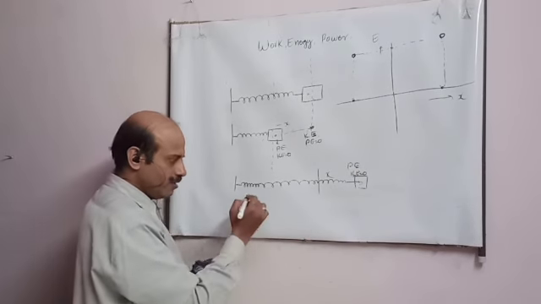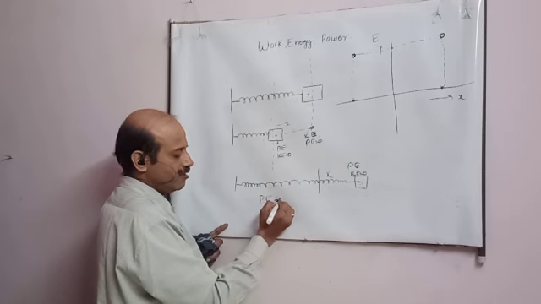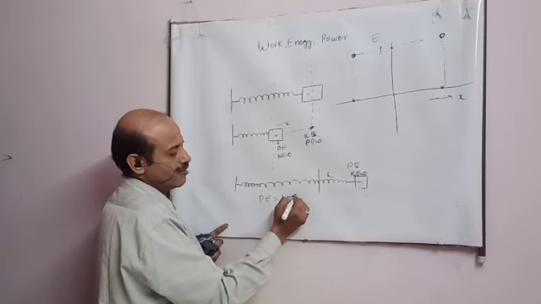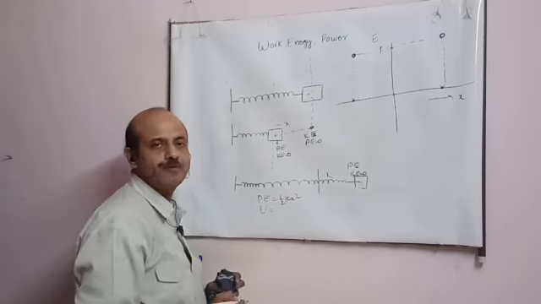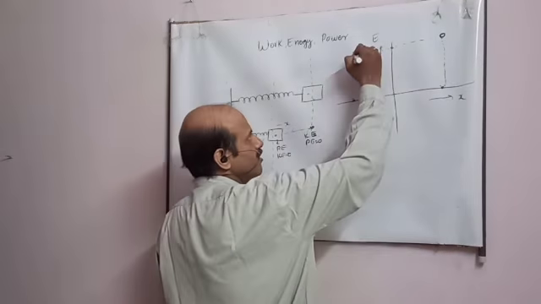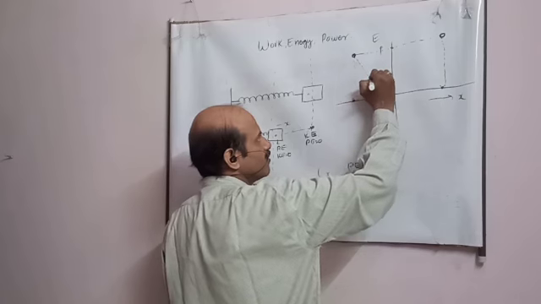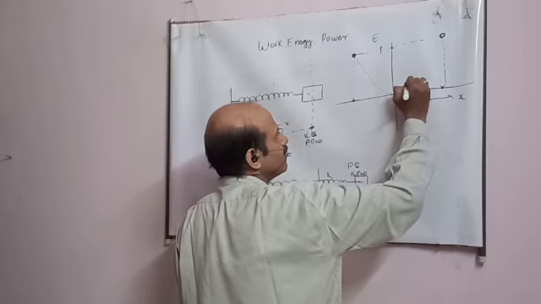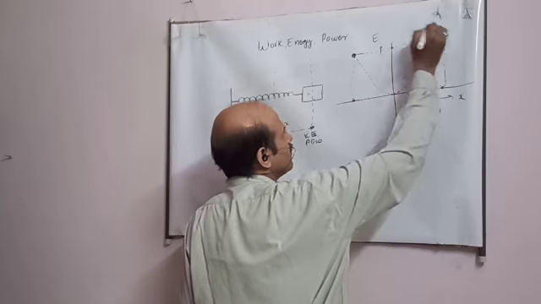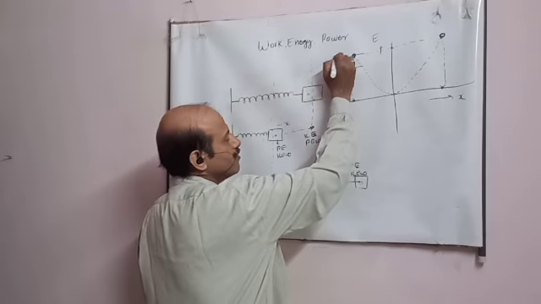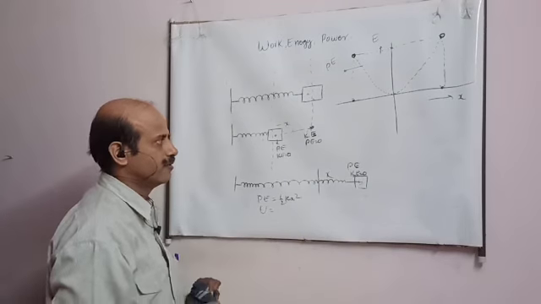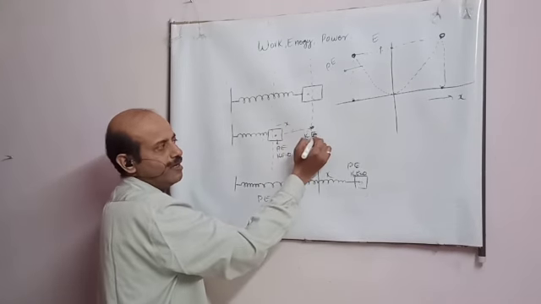And student, if you see the formula of the spring, potential energy is half kx square. Energy has a square, so the shape will be a parabola, student. So this is the potential energy curve, student. Now here at the mean position, kinetic energy is maximum, student.